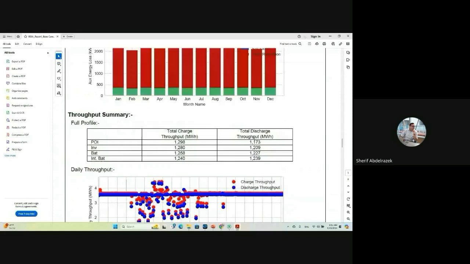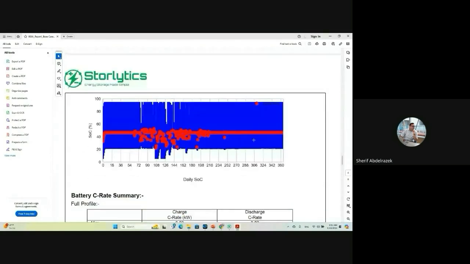So if we jump to the state of charge chart, I know it looks busy, but just to explain what's happening here, each of these bars represents, for each day, the maximum and minimum state of charge, right? The red dot represents the average state of charge for that day.